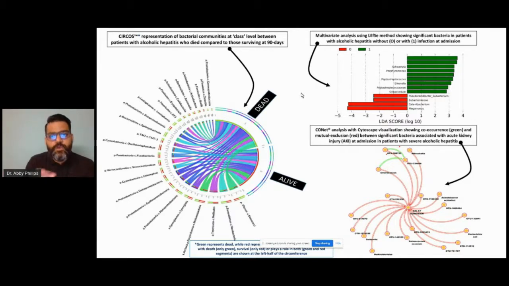Now, when we looked at these genera specifically and their interactions using a network analysis, we found out that these genera interact with each other in a positive or a negative way. For example, we can see that this particular Enterococcus, which is very commonly seen in our alcoholic hepatitis patients also, was beneficially or positively interacting with another particular genus.